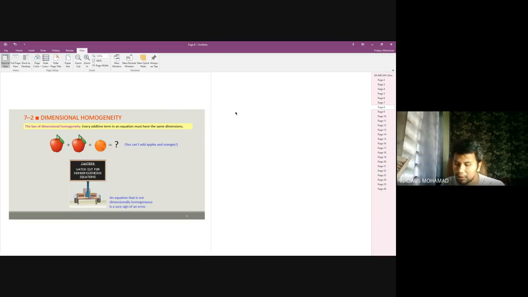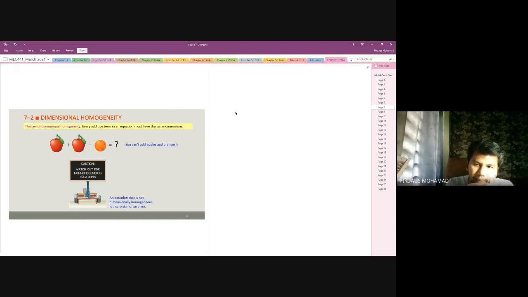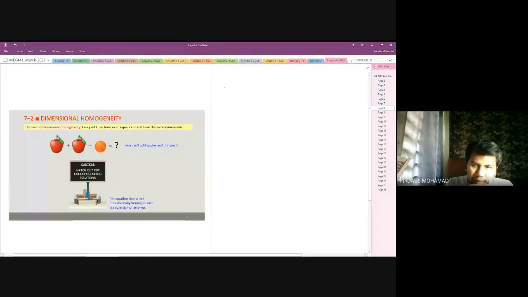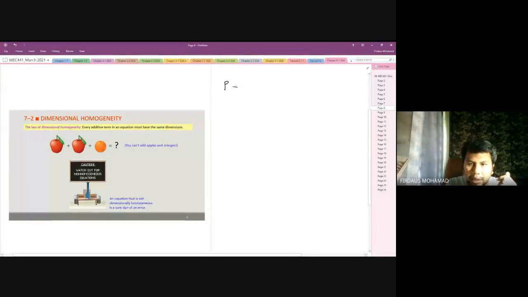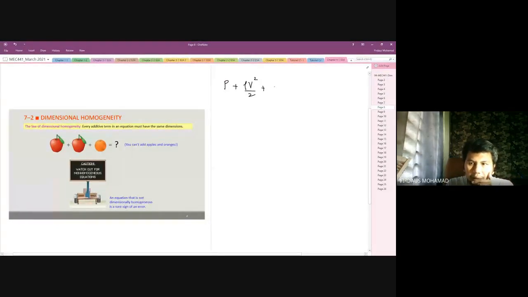Kita ada pressure P tambah rho V squared over 2 plus rho GZ sama dengan constant.